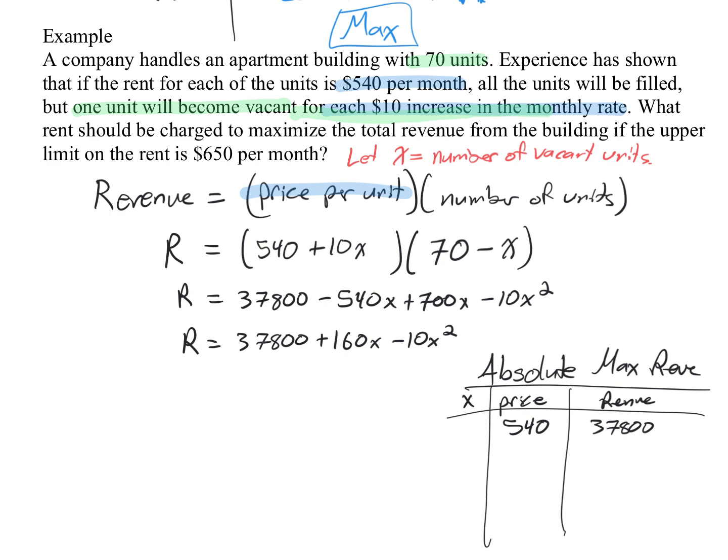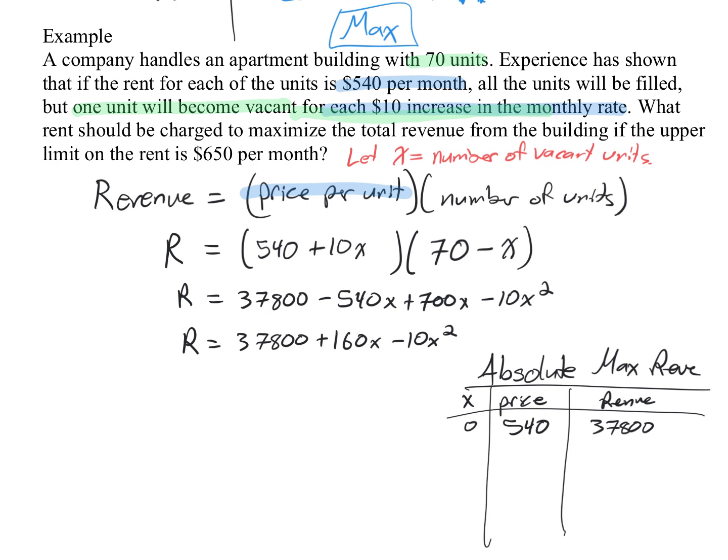Another way of saying that is if I wanted to charge 540 as my price, x would have to be 0, because 0 times 10 plus 540 is how you would get a $540 price. So this implies that x would be 0. If we decide to have 0 vacant units, this is our revenue. Well, we also have an upper limit on our rent. The largest rent we can possibly charge is $650.